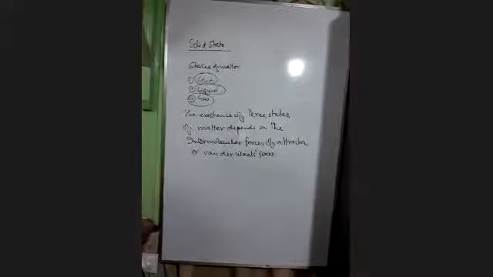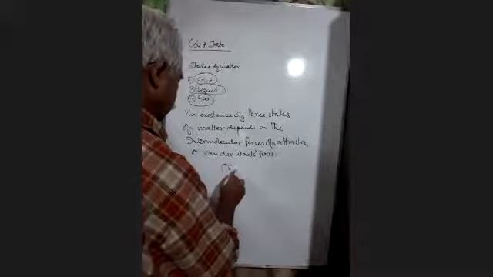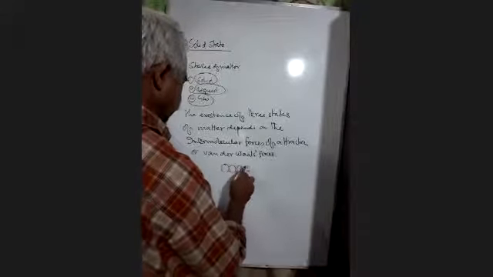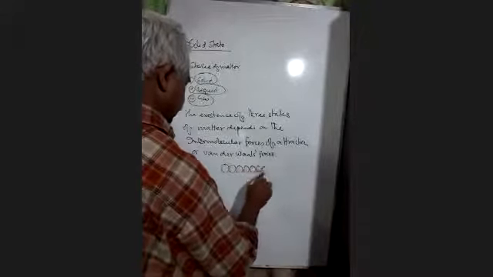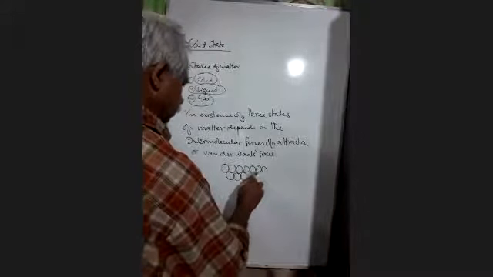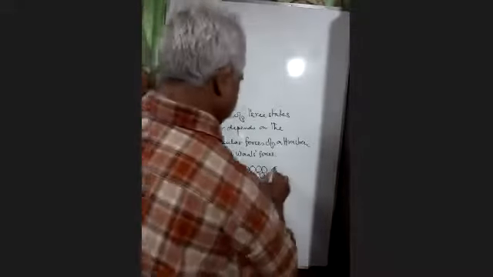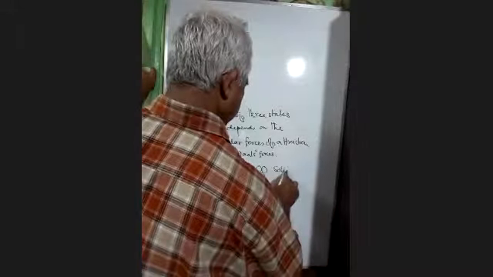So substances in which you find the forces of attraction is very high, in that case they come very close to each other, almost touching each other. So they exist as solids.